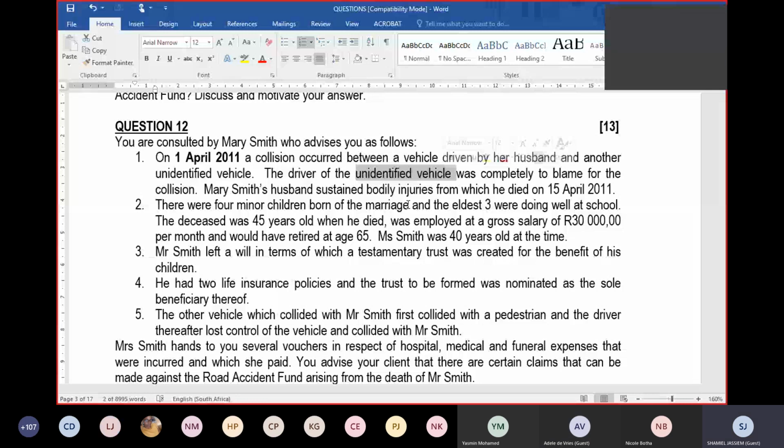So are we starting our prescription from 1 April or 15 April? 15 April. Lovely. So if we start from 15 April, what is 11 plus 2? 2013. Correct, 2013. April, the day before, 14th of April.